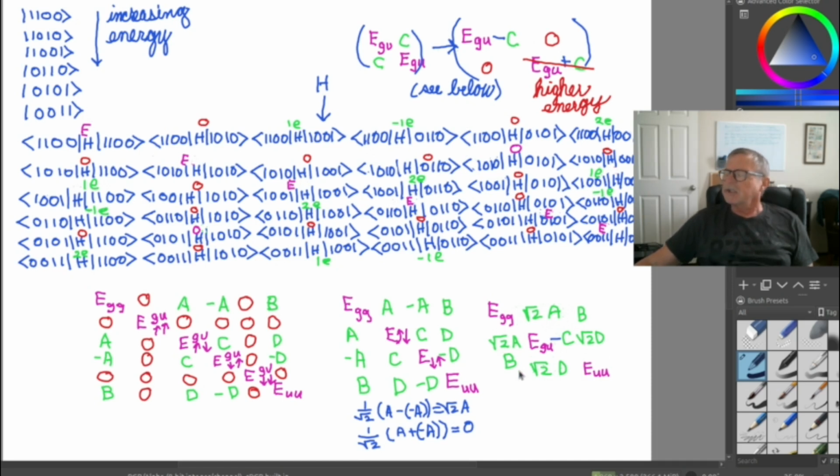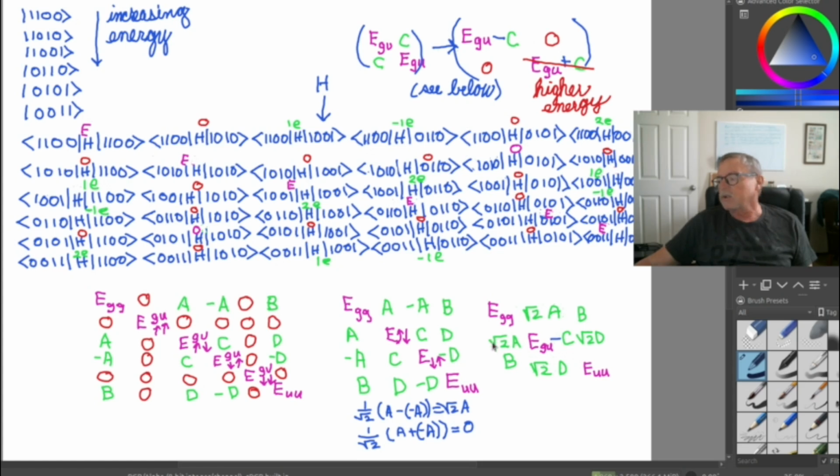So let's think about this a little bit. How much effect does the A and the D and the C have on the ground state? Well, I'll show you in another diagram that it has no connection to the ground state.